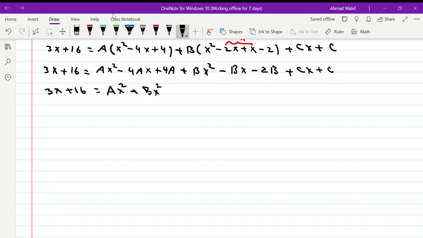After x squared, I should put x's, right? Minus 4Ax minus Bx plus Cx, and after that constants, plus 4A minus 2B plus C.